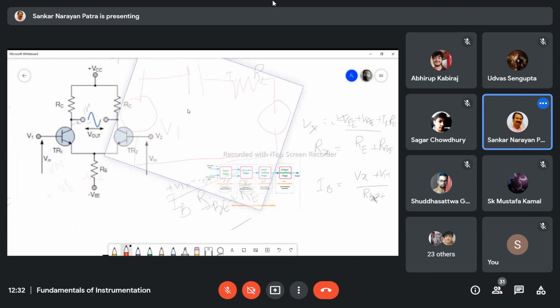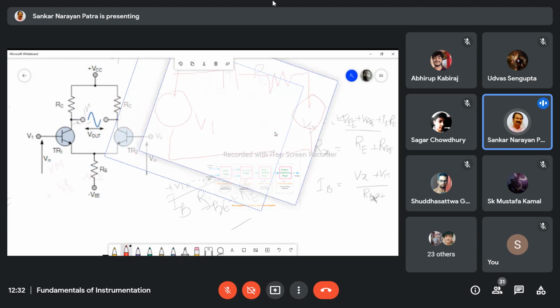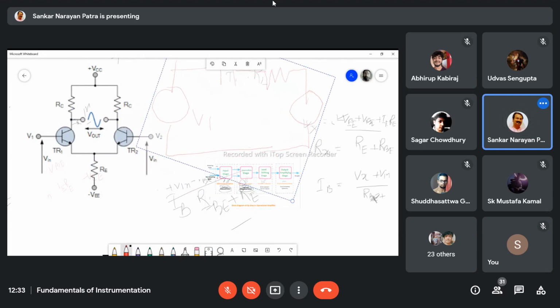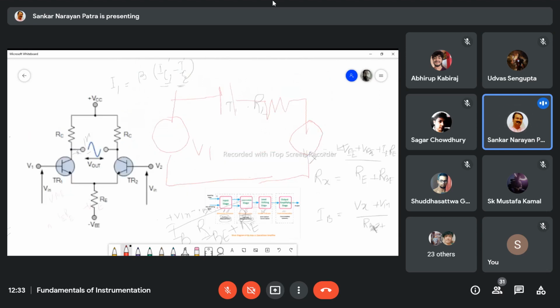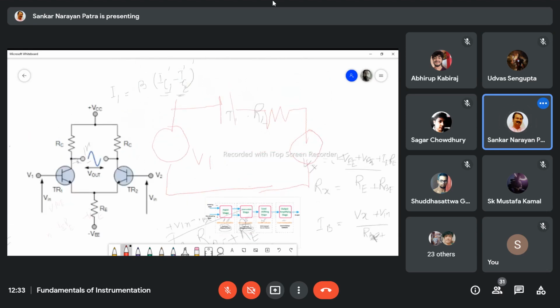If I make the equivalent circuit of this one, it is like that. This is the input voltage, and this is VB, that conduction voltage.